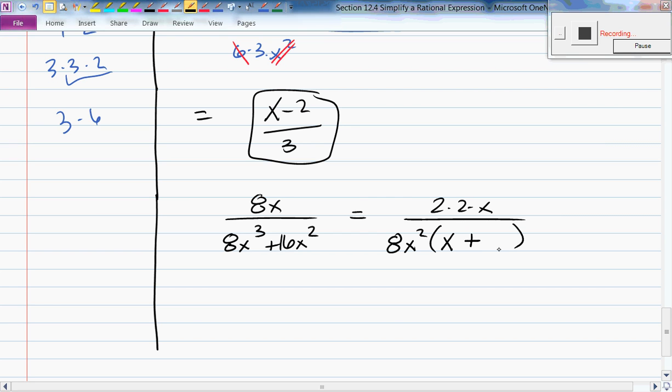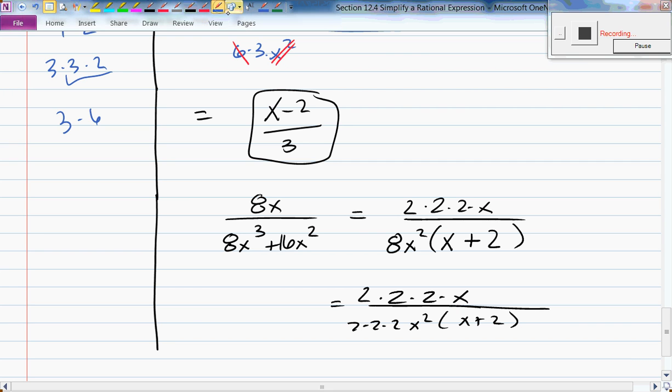x plus 2, very good. Okay, now, anything cancel out? Okay, so I have 2 times 2 times x. On the bottom, what do I have? Oh, wait, there was another 2 there, sorry. And then I have 2 times 2 times 2, and then an x squared, and then an x plus 2.